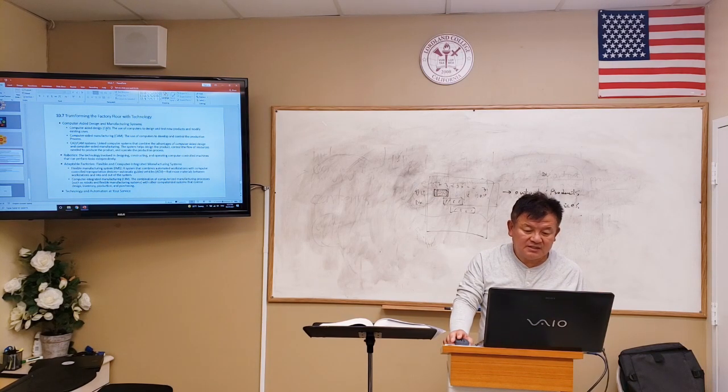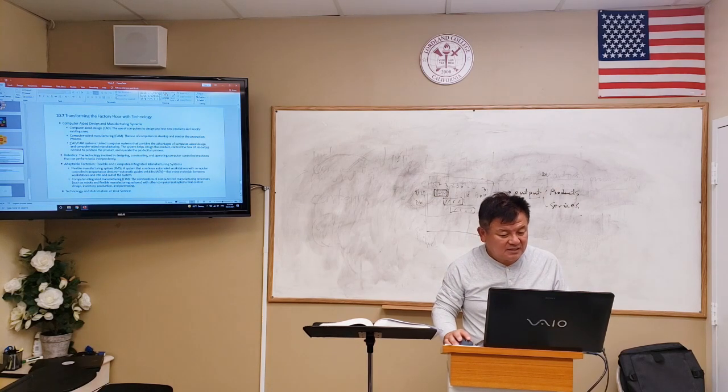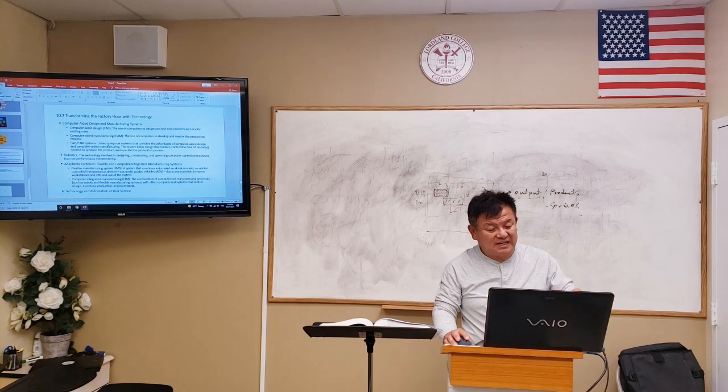Computer-aided manufacturing is CAM: the use of computers to develop and control the production process. Most companies already use it, but now it's an old tool. CAD and CAM are two systems linked together by computer, combining the advantages of both.